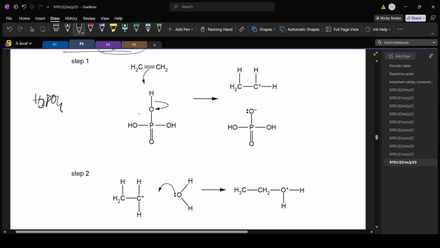If you see that it has donated its H, or you can say its H plus ion, or you can say proton. So the proton donors are actually the acids.